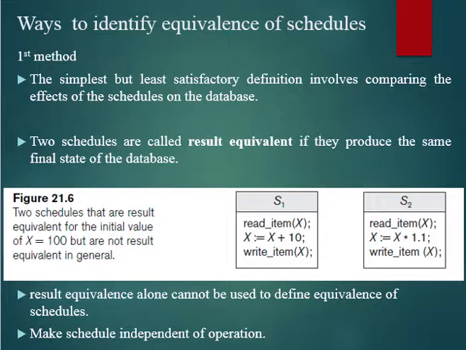Here X is 100, so 100 into 1.1 is also 110, but it does not give the same result for any other value. Suppose X is 50: 50 plus 10 is 60, but 50 into 1.1 is 55. So it only works if the value of X is equal to 100. We can't say schedules are equivalent just because they give the same result for a particular value of data.